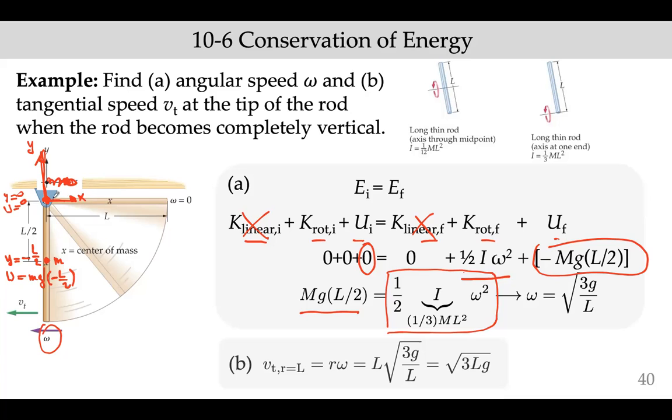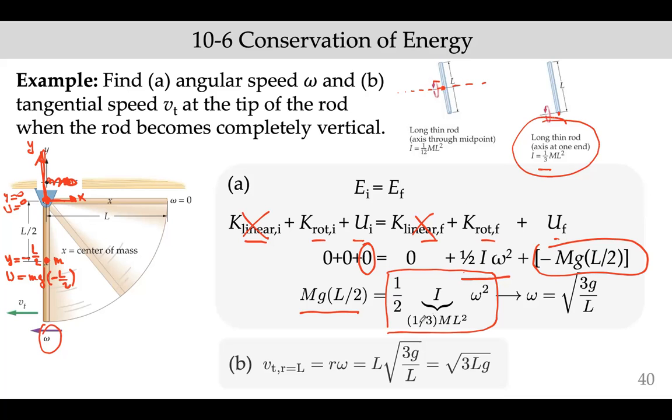Now this rod is rotated around its end. So which one should I use for moment of inertia? This one is when the rod is rotated around its middle point, but this one, 1/3, is when it's rotated around one of its ends. So I have to use this one.